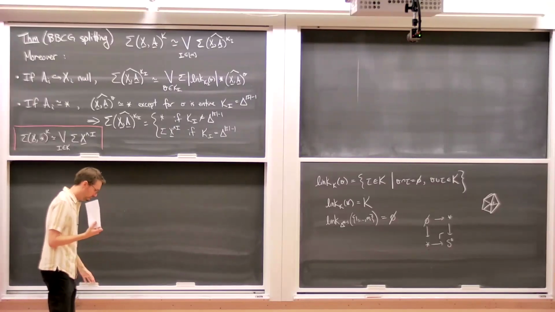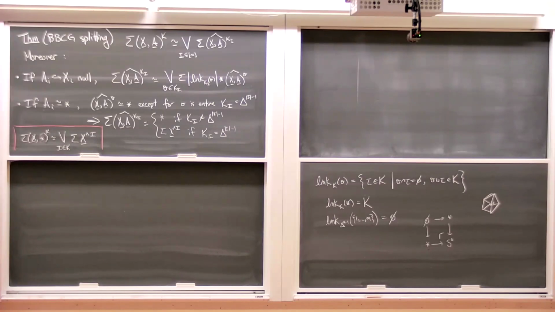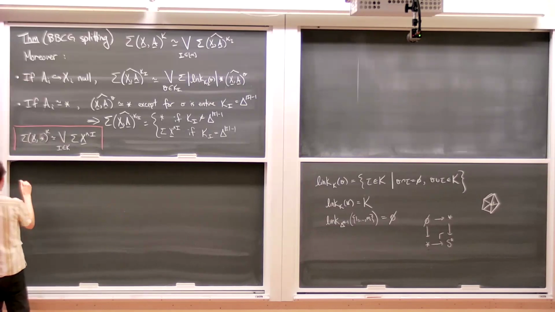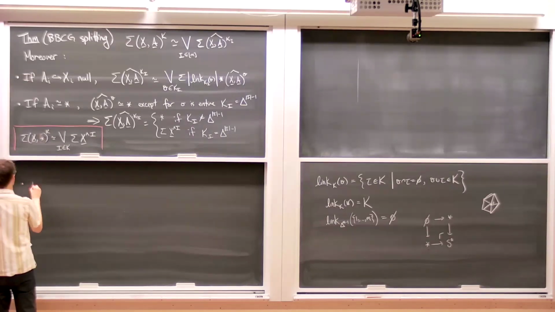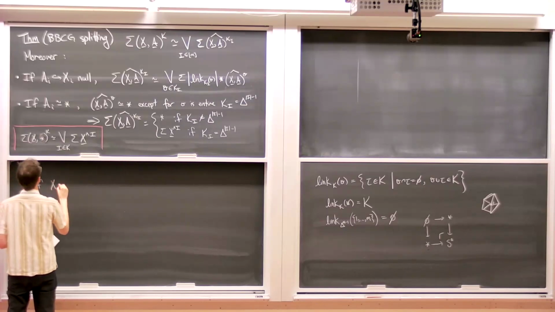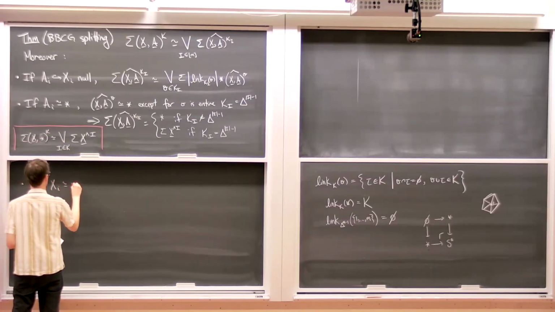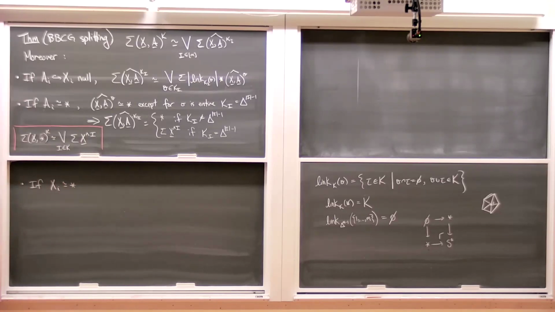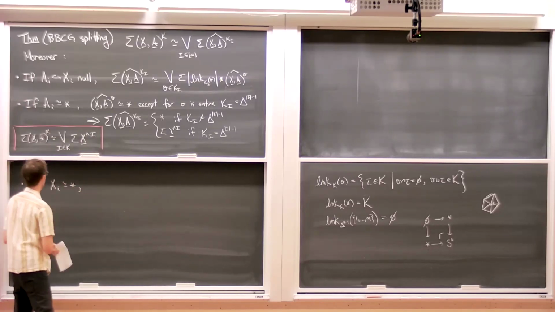And then the more interesting polyhedral products came when your A's weren't points, they're like actual subsets of the X's, as in a moment angle complex. And something sort of opposite is going to happen there. So now if we assume the X_i's are contractible, what happens?